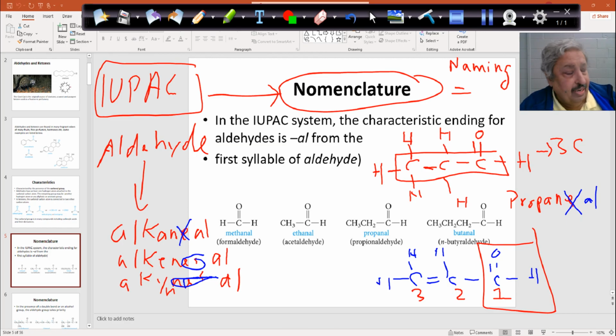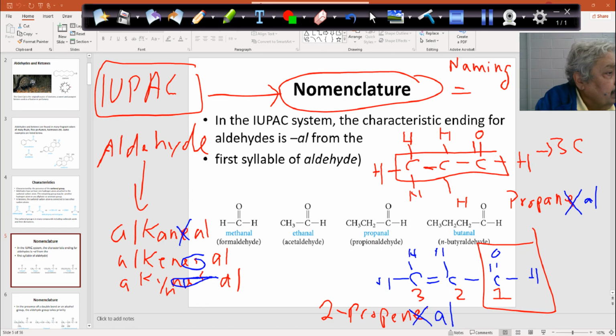This will be an aldehyde, because the functional group is C double bond O with H, so you count from there. The aldehyde takes first priority over all hydrocarbons: alkynes, alkenes, alkanes, correct? So 1, 2, 3. That's an alkene, a double bond, so this one will be propene, correct? Where does the double bond start? At 2, correct? 2-propene. Take the E out again, same thing we did here, and add AL. 2-propenal. Are you following me here?